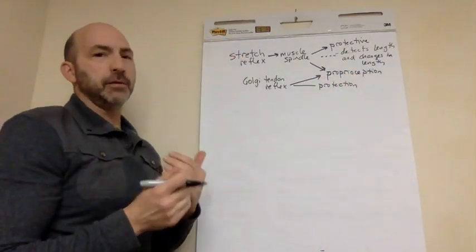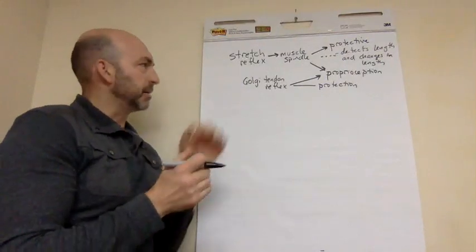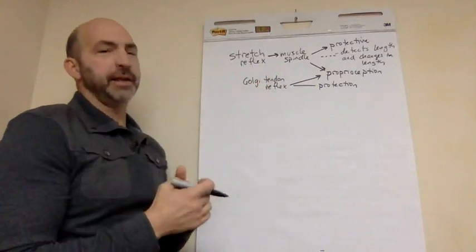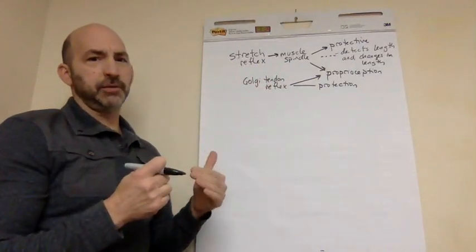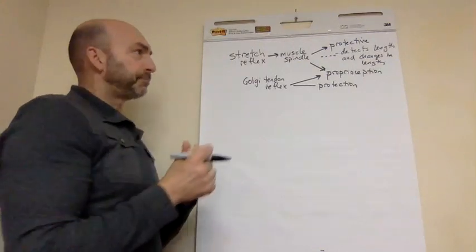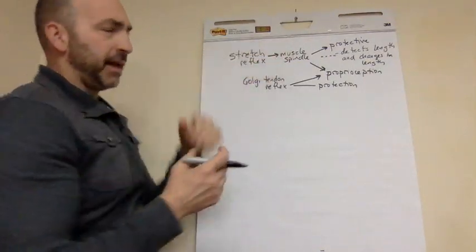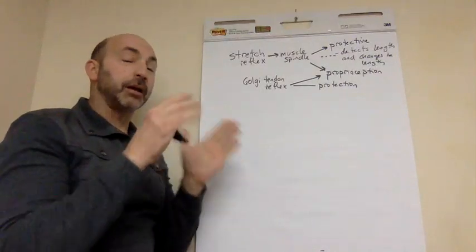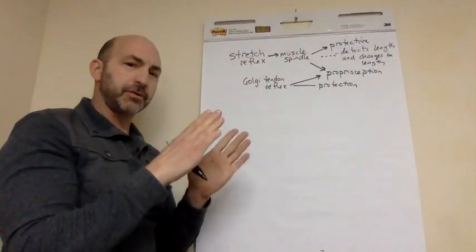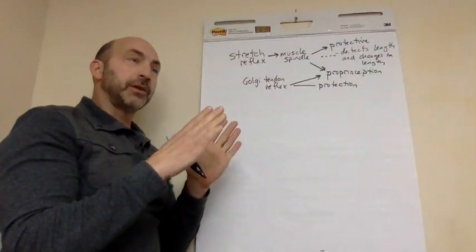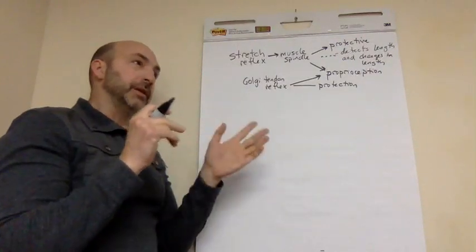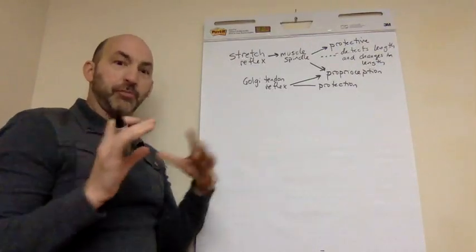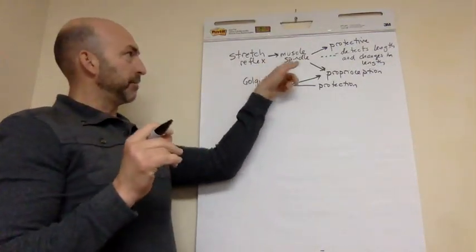And what we should say now is that it's not detecting length, and so the muscle spindles were found within the muscle. The Golgi tendon receptors are found at the junction between the muscle and the tendon. In the stretch reflex, that structure is in parallel to the contractile muscle fibers, and so as the whole muscle is stretched, so are the muscle spindles.